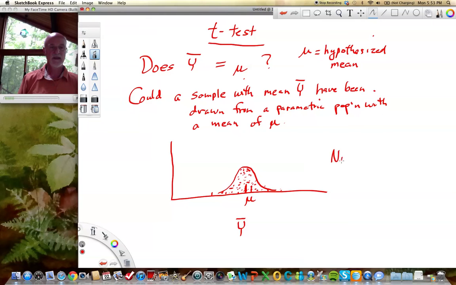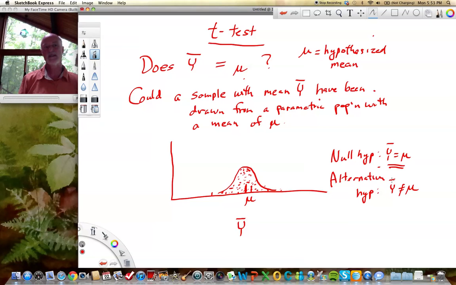So just to be really clear here, the null hypothesis is that y bar was drawn from a population whose parametric mean is mu. And the alternative hypothesis, we always want to think about that, is that y bar was not drawn from a population whose parametric mean is mu. And we want to attach a probability to the incorrectness of rejecting that.